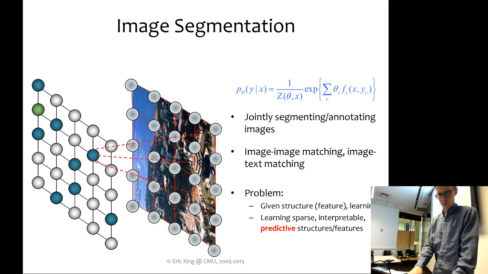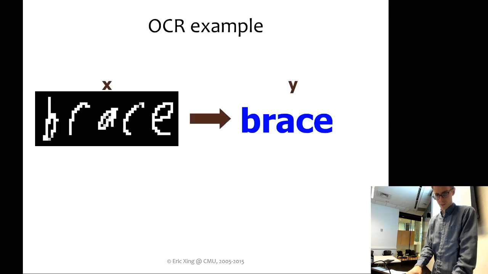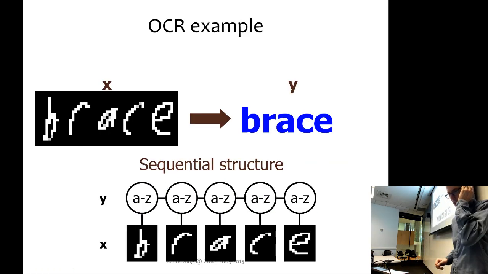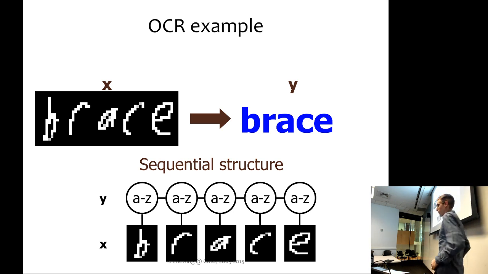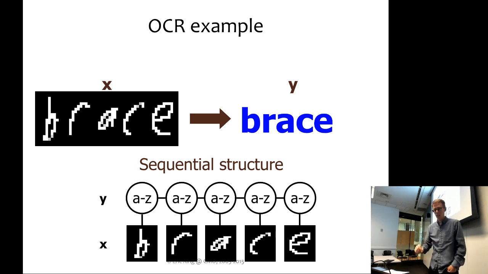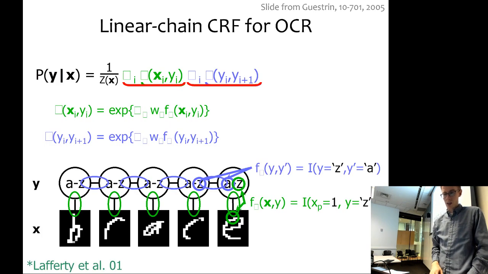I want to look at a particular example here of optical character recognition, where our output is a sequence of characters, and our input is some x, that is individual images of characters. So y is just characters A to Z for each time step.